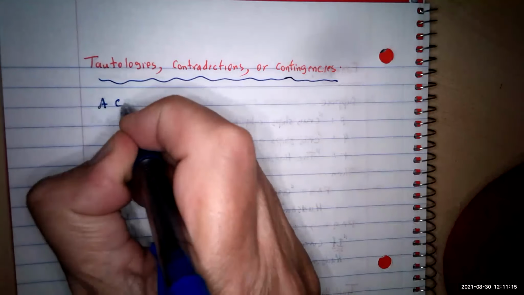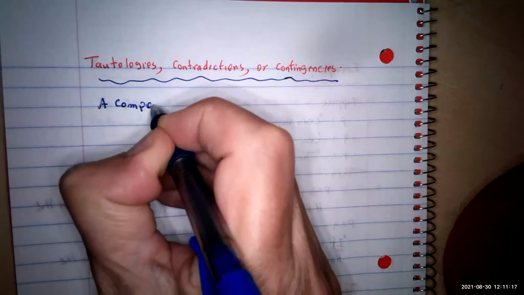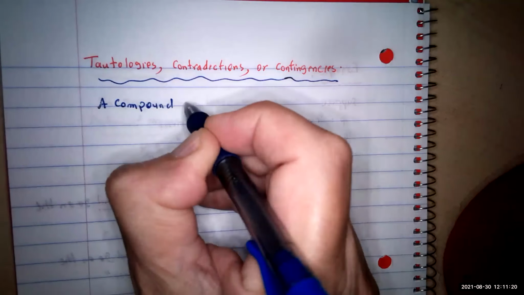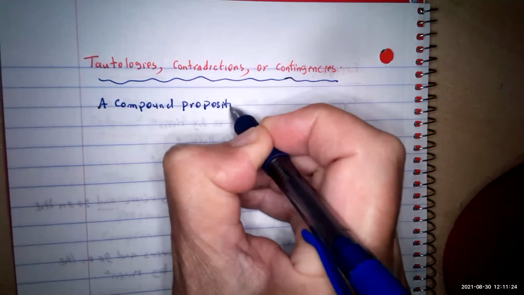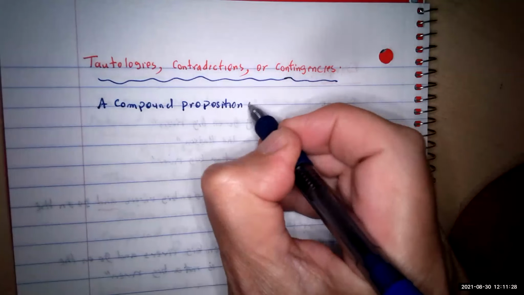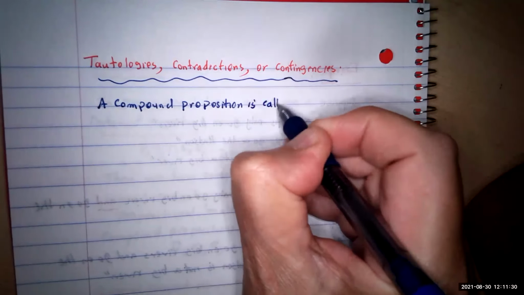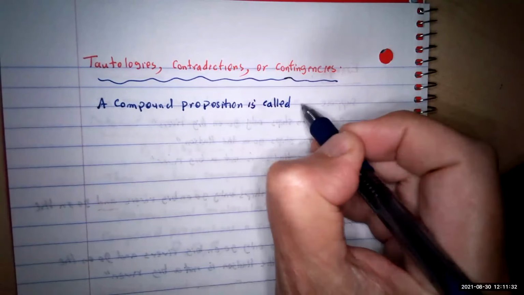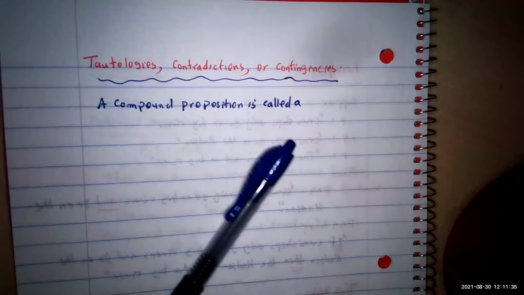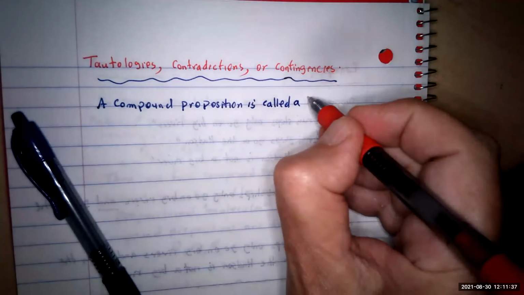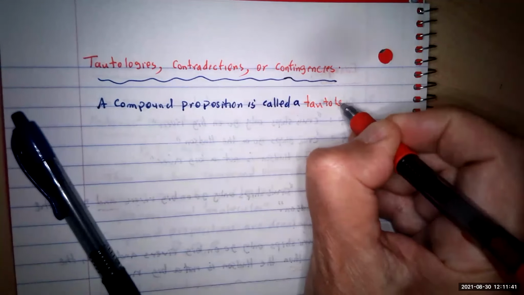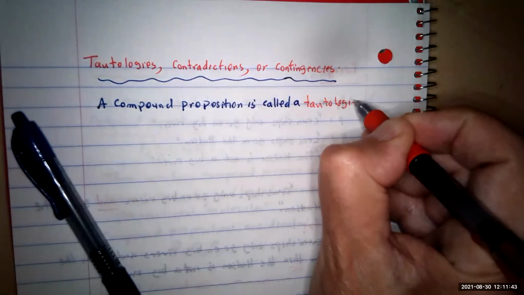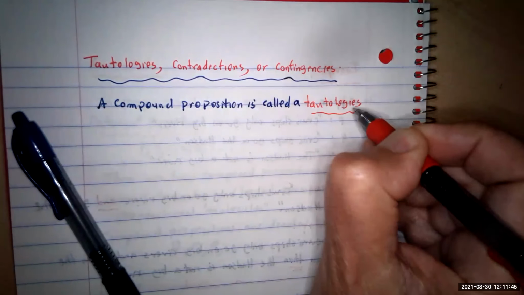A compound proposition or a statement is going to be called a tautology, if it is always true.